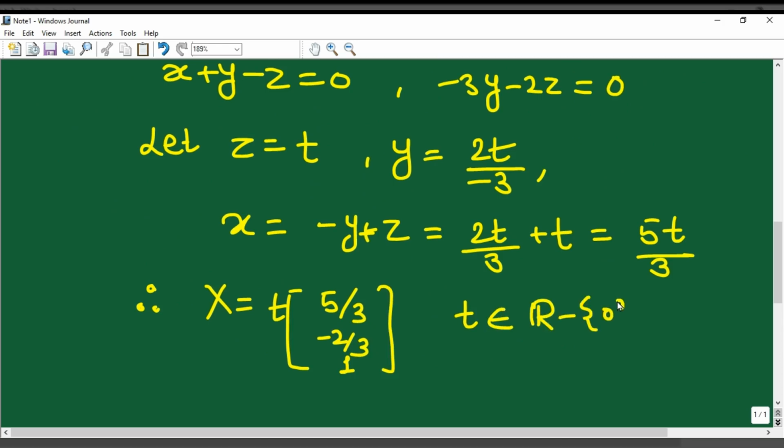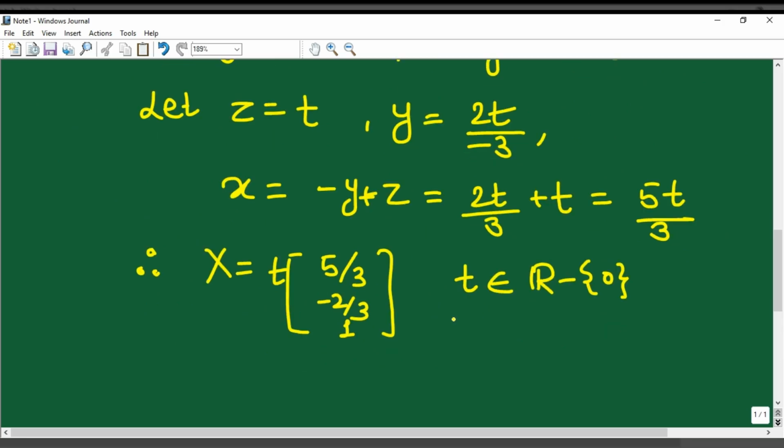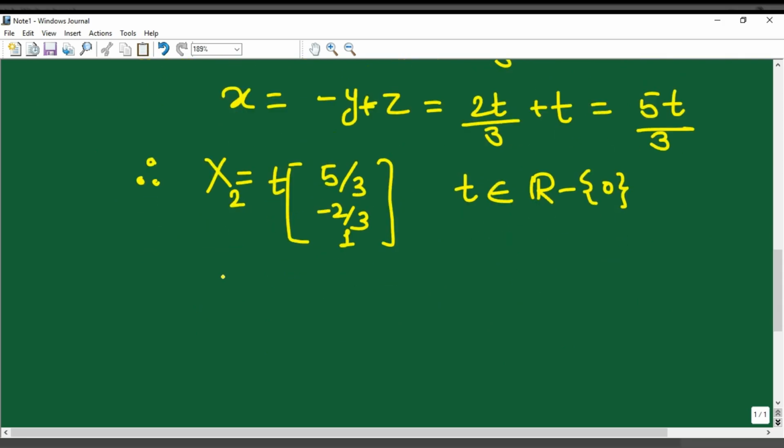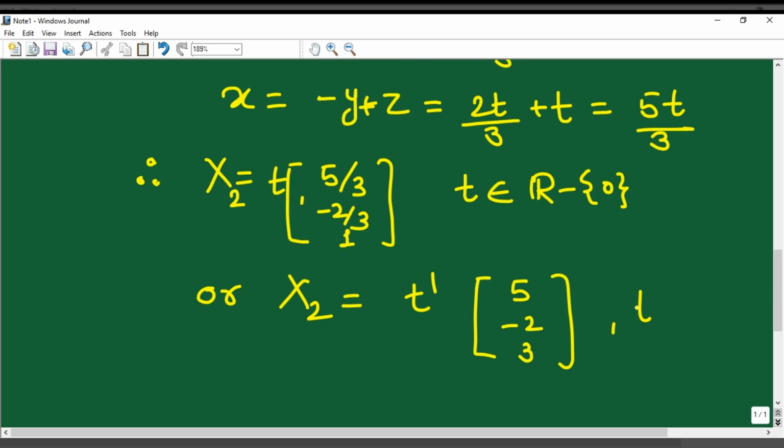Here t is a real number minus 0, because we don't want the zero vector as an eigenvector. Let us call this x2, the eigenvector corresponding to eigenvalue lambda 2. Just to avoid the fractions, you can also write x2 as t dash times the vector (5, -2, 3), where t dash is nothing but t upon 3.